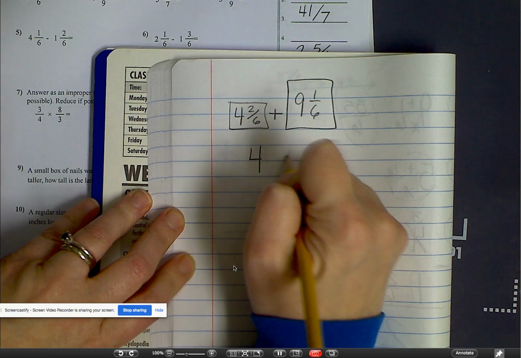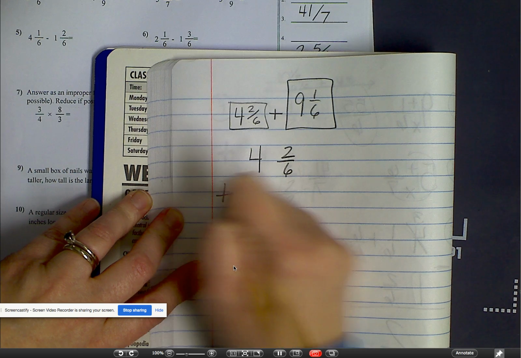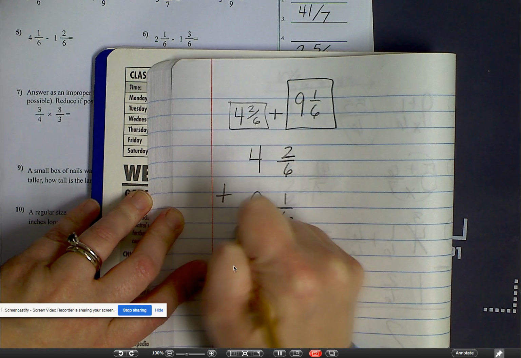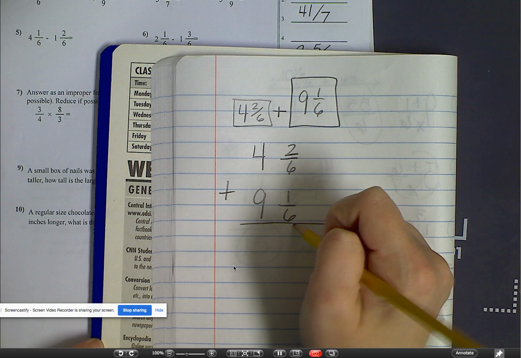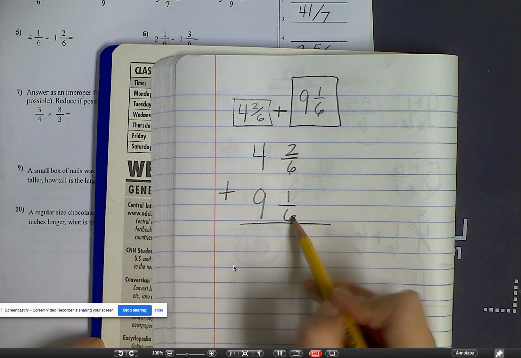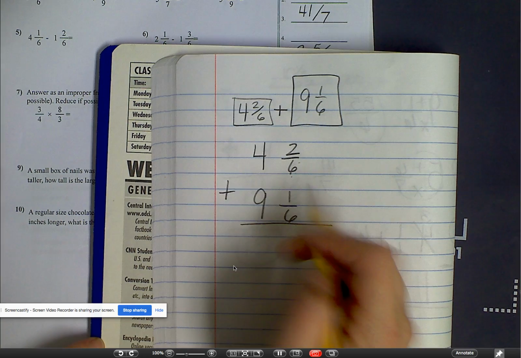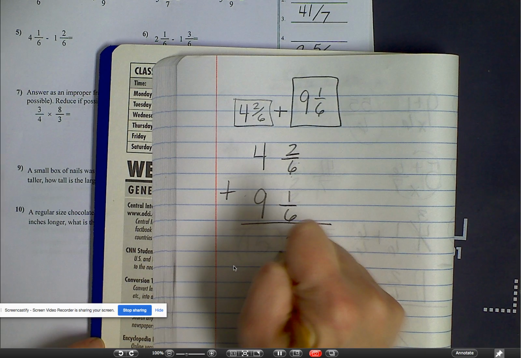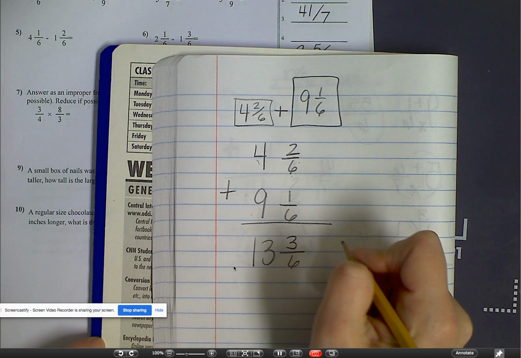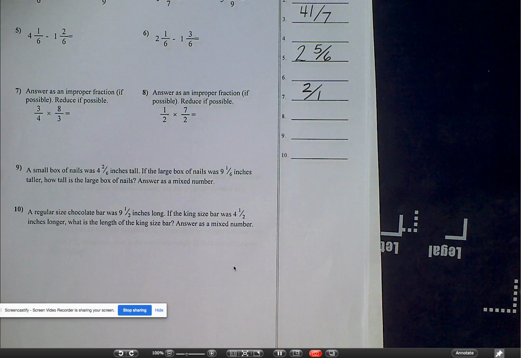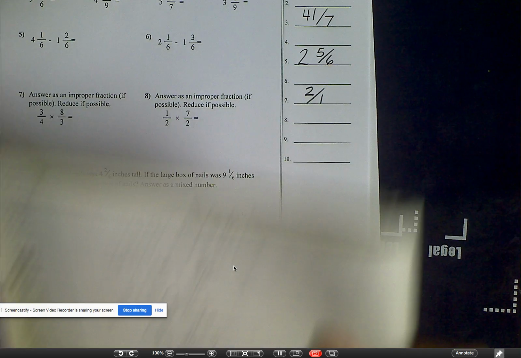We have 4 2/6 plus 9 1/6, right? So I'm going to look to see if I have a least common denominator, which I do. They're the same, 6. So now I have 2 plus 1 is 3 over 6, and then 9 plus 4 is 13, right?